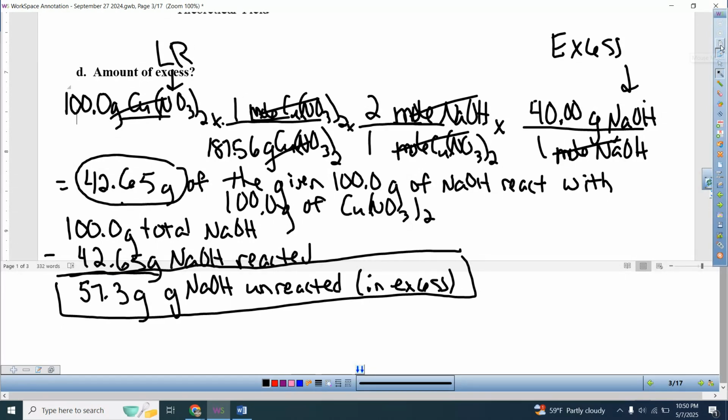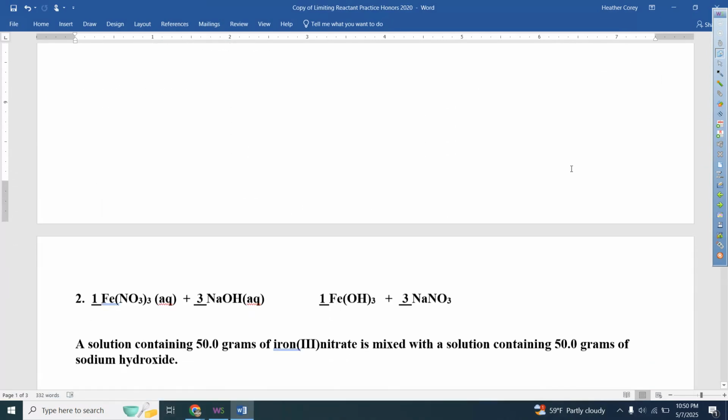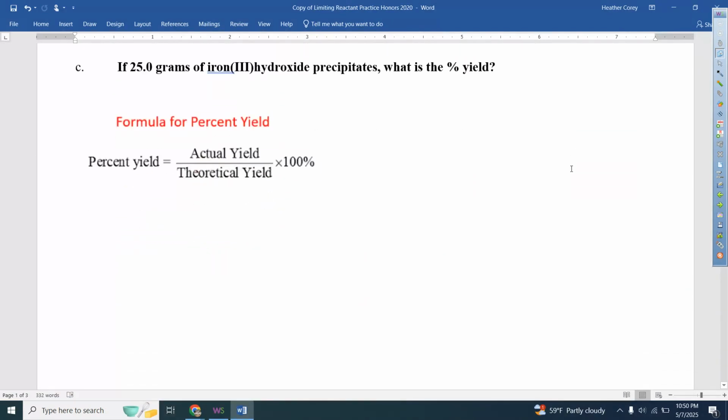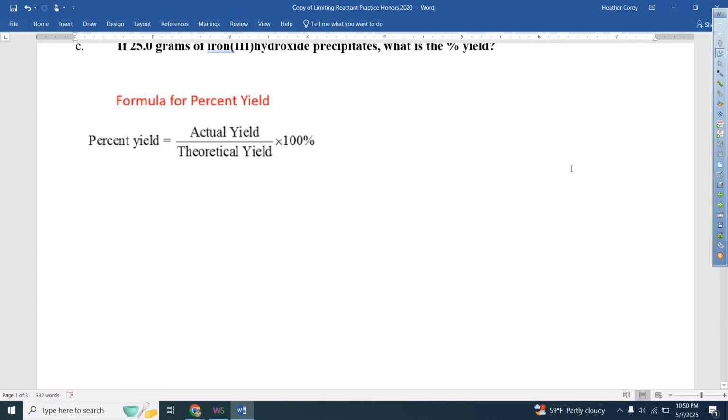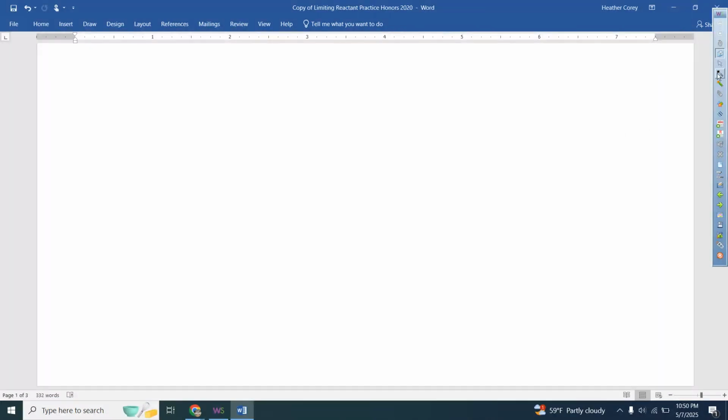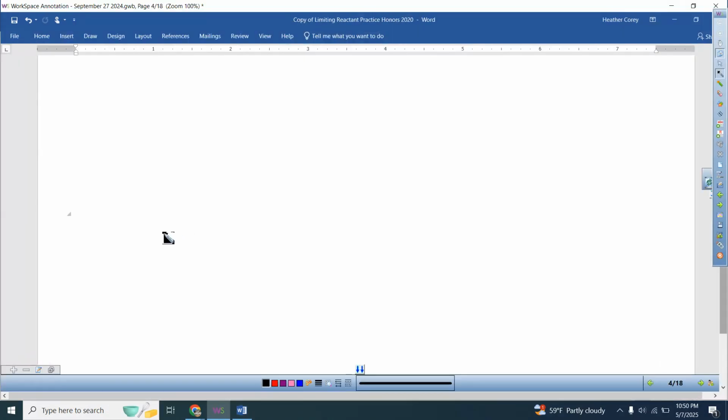Okay, this next question here on the back, I'm not going to walk you through it, but I am going to tell you what the answer is so that when you do it, you can figure out the answer. So for this one, for D, you're going to figure out the amount of excess. And so your final answer for part D is going to be 25.2 grams of your excess reactant.